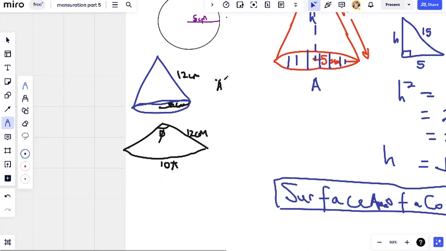So pi times 5 squared. 5 squared is 25, so we get the circular part to be 25 pi. You can leave your answer in terms of pi. Then in the end you convert everything to centimeter square. So this is the base area.